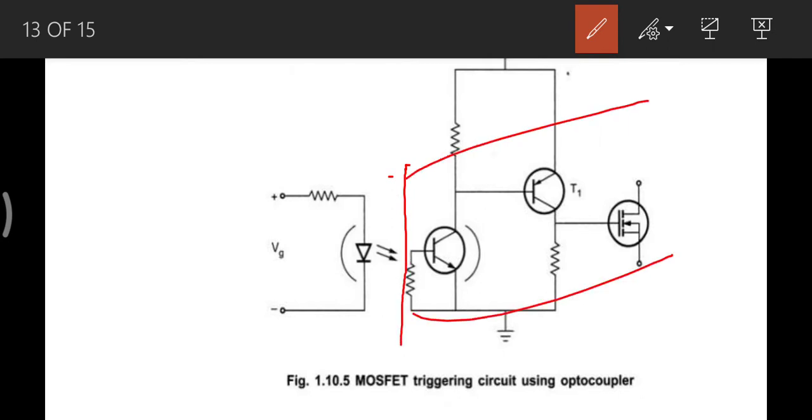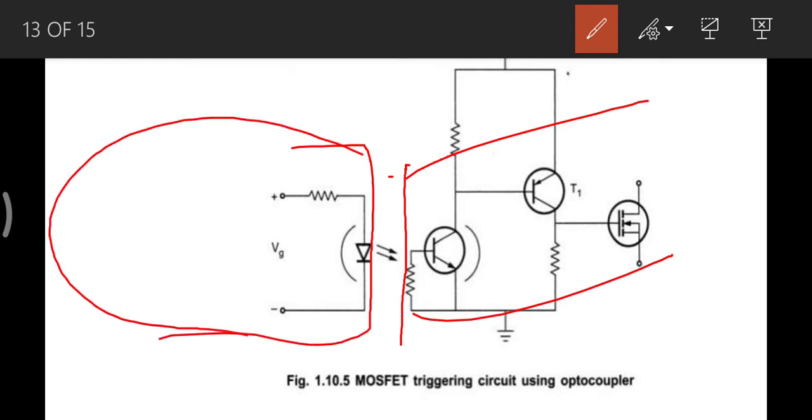They do not reach this side. So the triggering circuit is in a safe zone. This is the process of isolating the triggering circuits. So this is about the optocouplers.